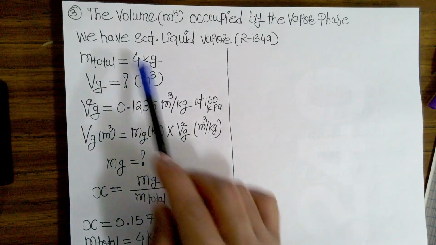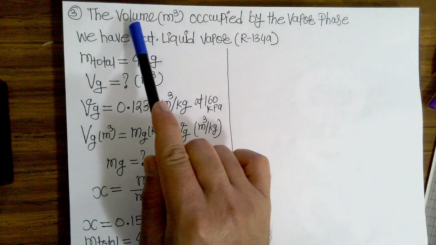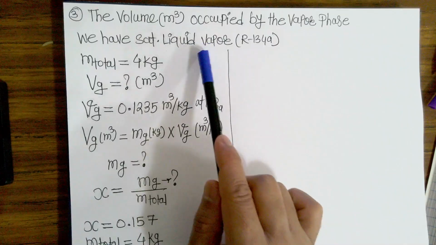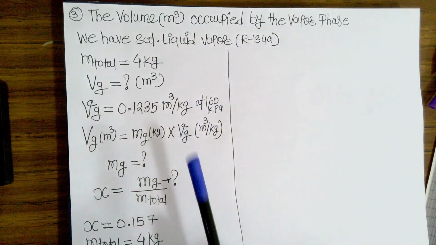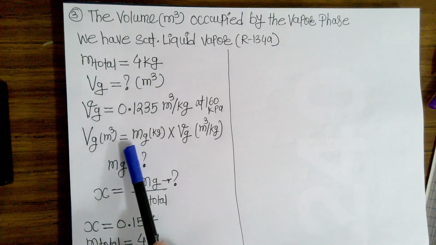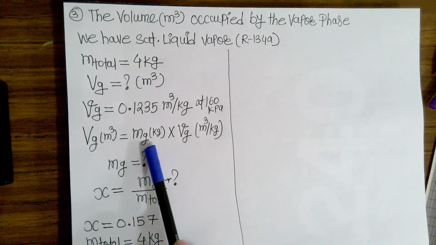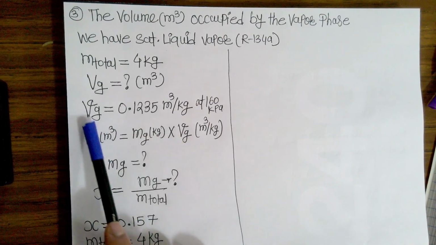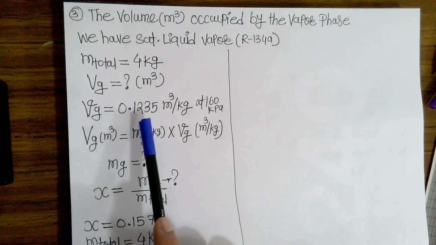So the last part of this numerical problem is to find out the volume of vapor in this saturated liquid vapor mixture refrigerant. So the volume of vapor is equal to mass of vapor multiplied by the specific volume of vapor. So the specific volume of vapor Vg is already known to us.